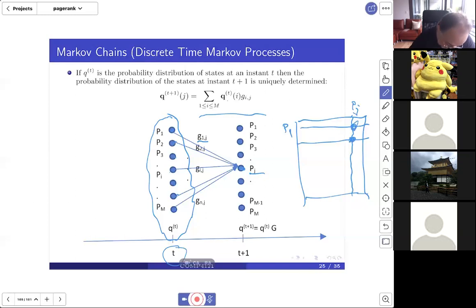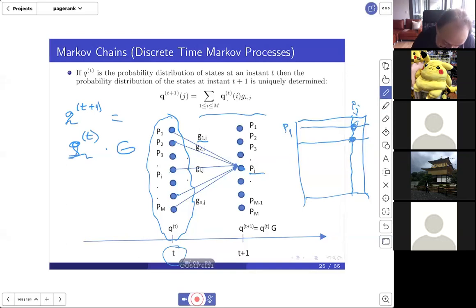But notice what this says. If I write this, oops, instead of rho, I'm now using Q. So this means that the vector Q of probabilities at instant t plus 1 is equal to Q at instant t times the matrix G, right?